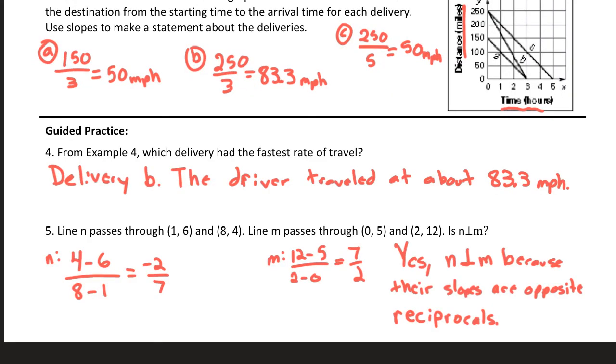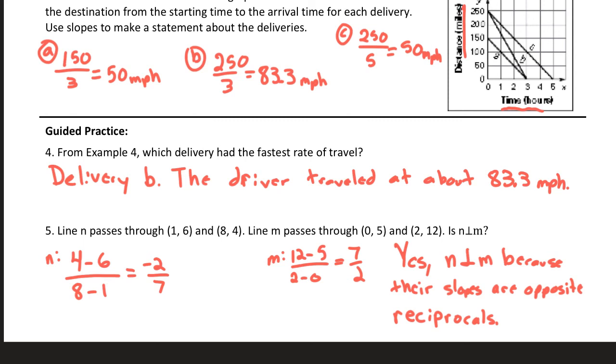Okay, so to explain the guided practice, in number 4, I kind of explained that in example 4, but it still is important to know delivery B, the driver had the fastest rate of travel at that average speed of 83.3 miles per hour. So you're thinking about comparing the amount of distance versus the amount of time. So that driver traveled 250 miles in only 3 hours.